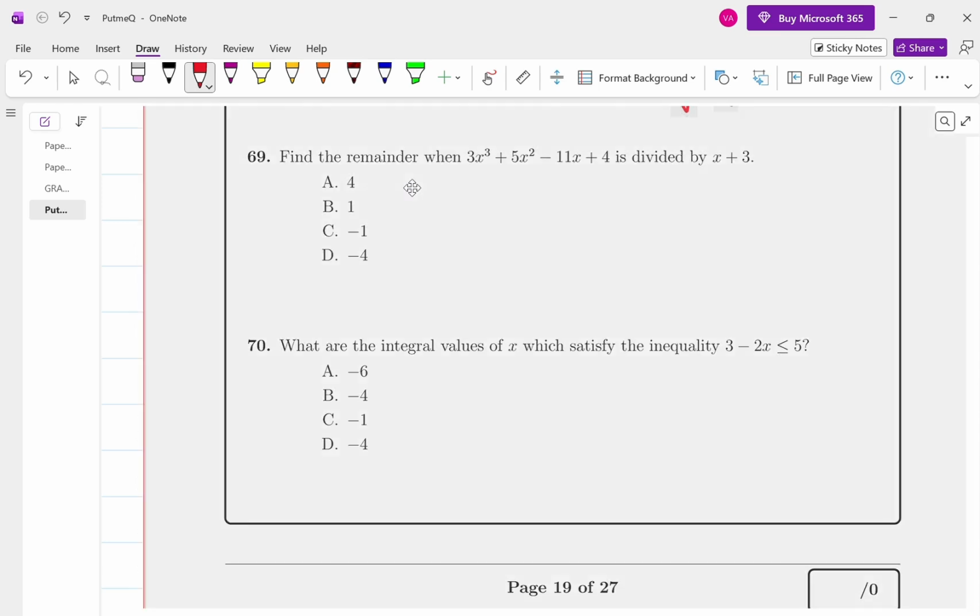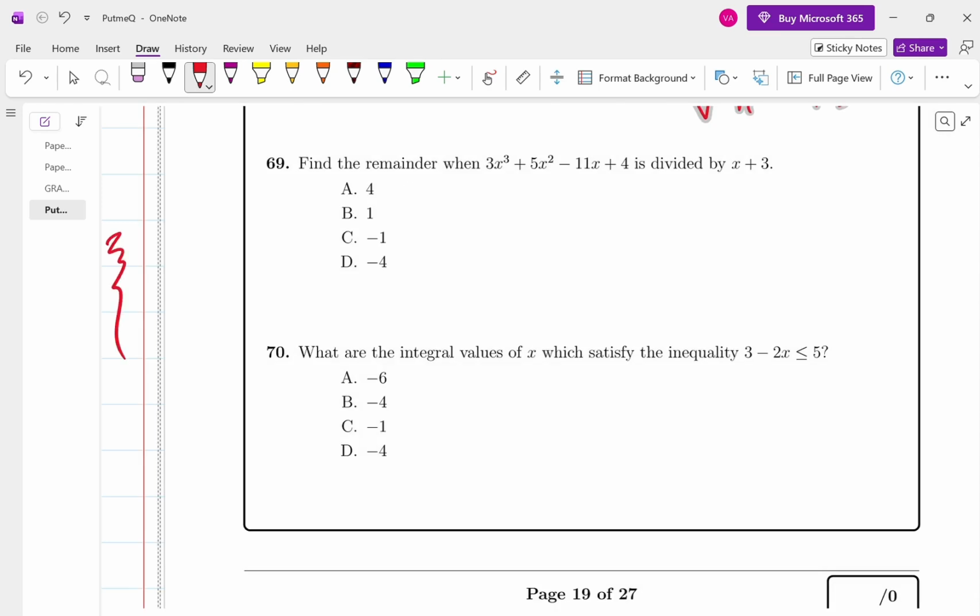So x plus 3 is equal to 0. So x is equal to minus 3. Now, anywhere we see x in the polynomial, we're going to put minus 3.